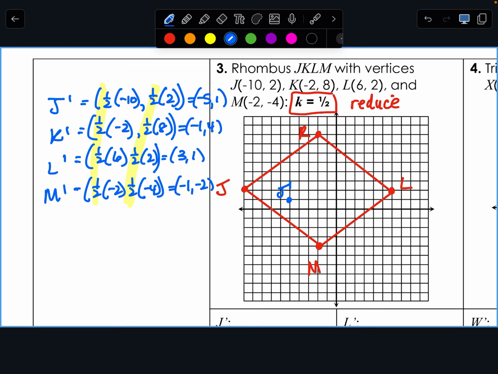And negative 1, 4, that's K prime. 3, 1, L prime. And negative 1, negative 2, M prime. That's it. That's all you have to do.